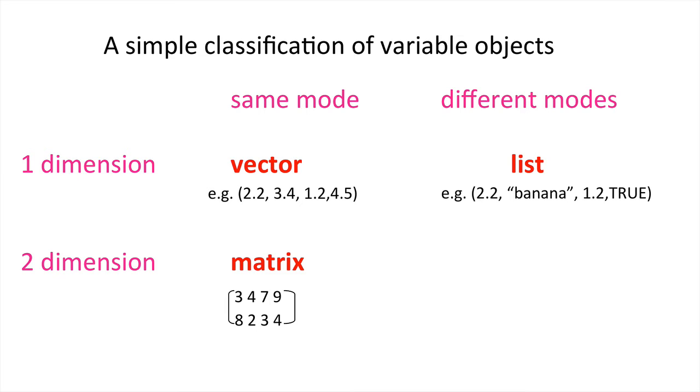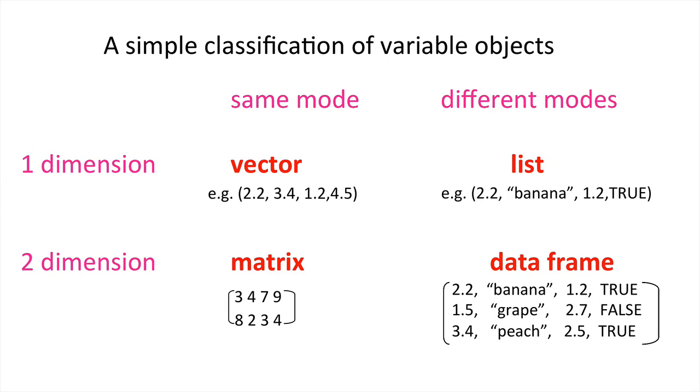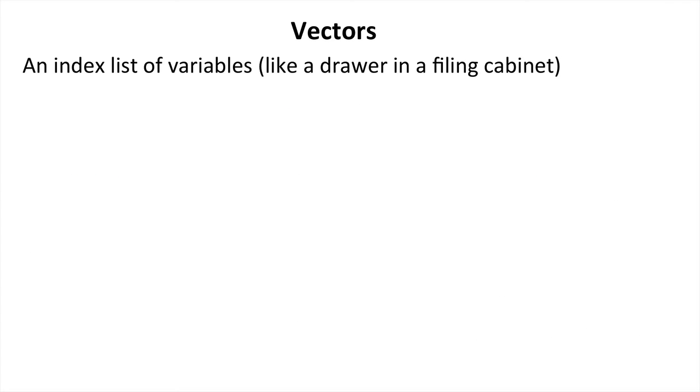So we can have character strings like bananas, true, false, and numbers. And perhaps the most versatile and general form is a two-dimensional collection of elements with different modes, and that is called a data frame. But let's go back to vectors.